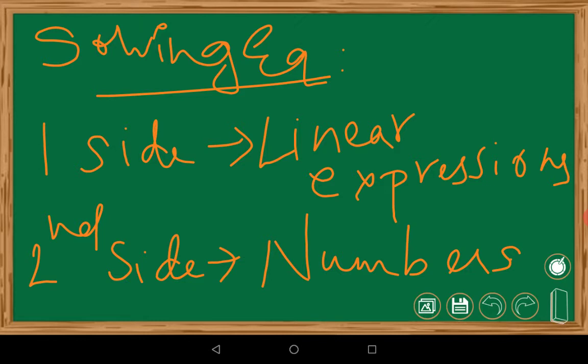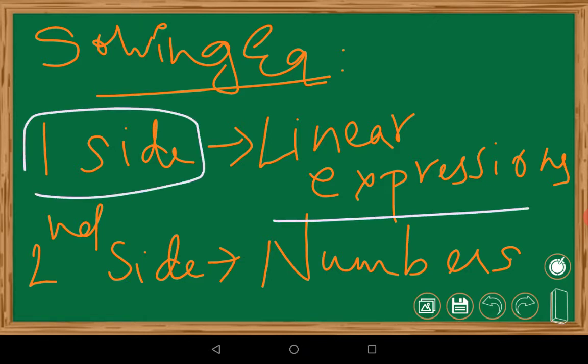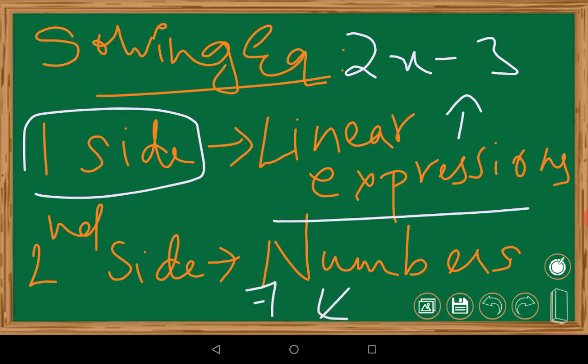What does one side linear expression mean? Like you will have on one side 2x minus 4, maybe. Or else let's take 2x minus 3 only, same example. And one side number means 7 is the number, like that. So we have equality in between, right? Like that problems, how we have to solve, let's look at it.